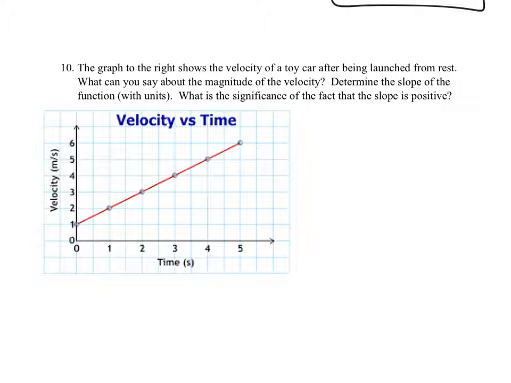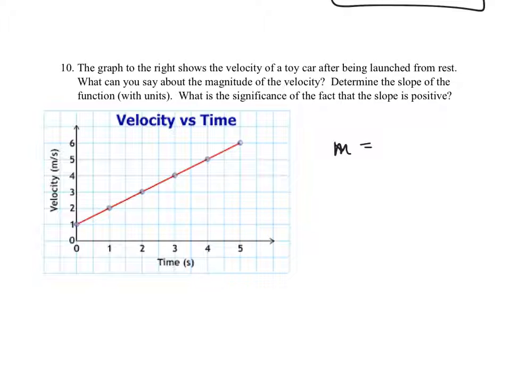In the last example, the velocity was constant because that was a position time graph. But here, this is a velocity time graph. Now, if I were to find the slope of this, what's the number I get for the slope here? 2. 1/2. It's no problem. So every time we go up 1, we go over 2.